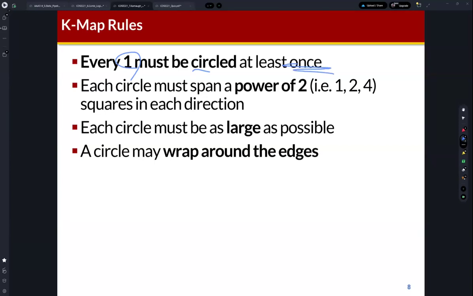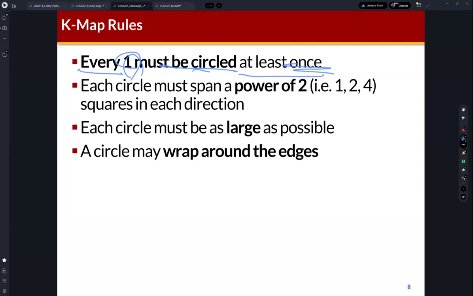As I mentioned, in order to make a more optimized result, we need to use a larger circle. If we use the smaller circle, it's not optimized. But you need to remember that every result one must be circled at least once, so circles need to include all ones in the Karnaugh map.